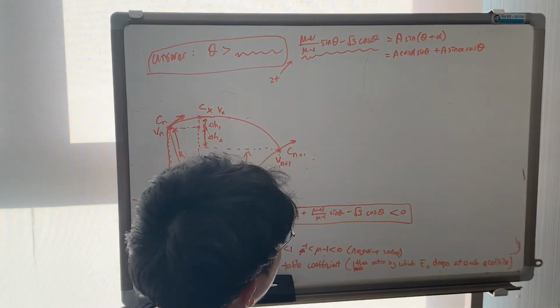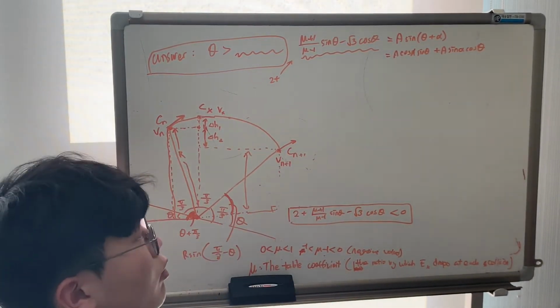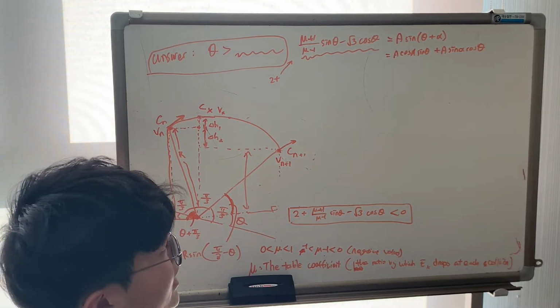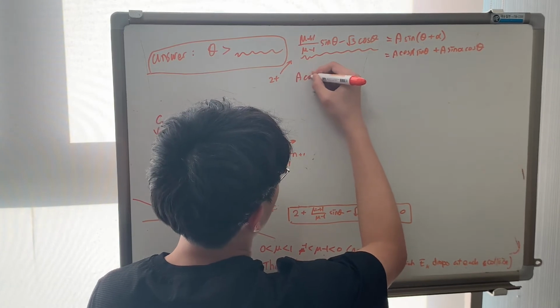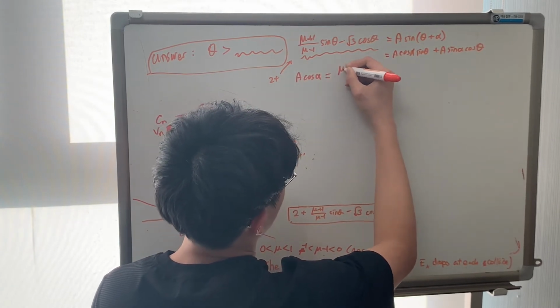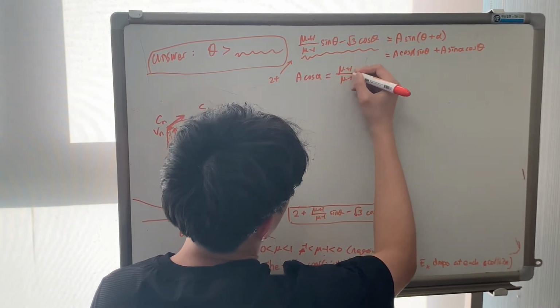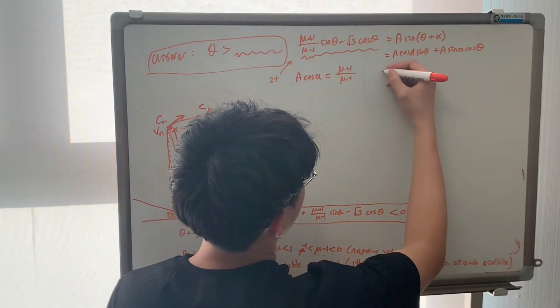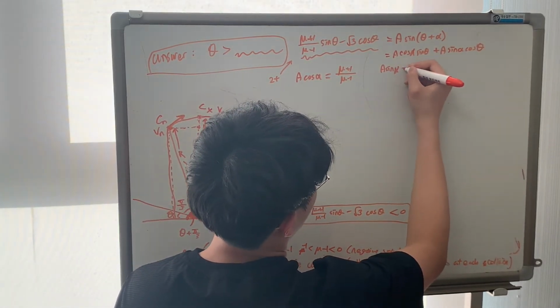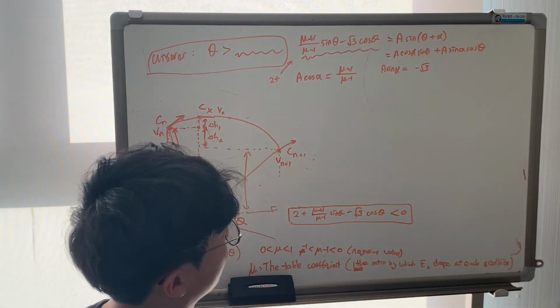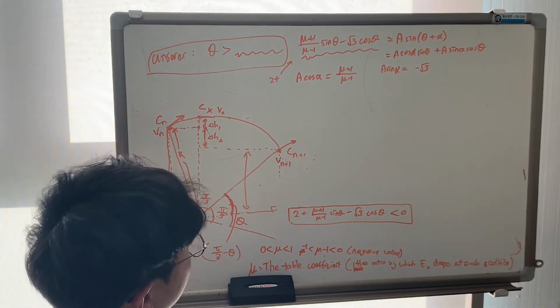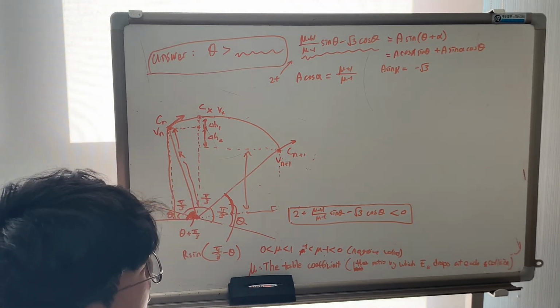We know that that's got to be true. And now what we have to do is just match the coefficients. A cosine alpha should be equal to the coefficient of sine theta, and A sine alpha must be equal to minus root 3, because that is the coefficient of our cosine theta. One easy way to do this is to square both sides.